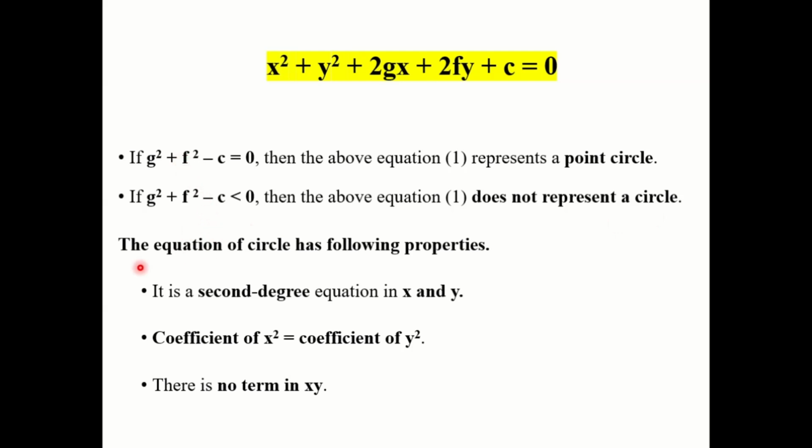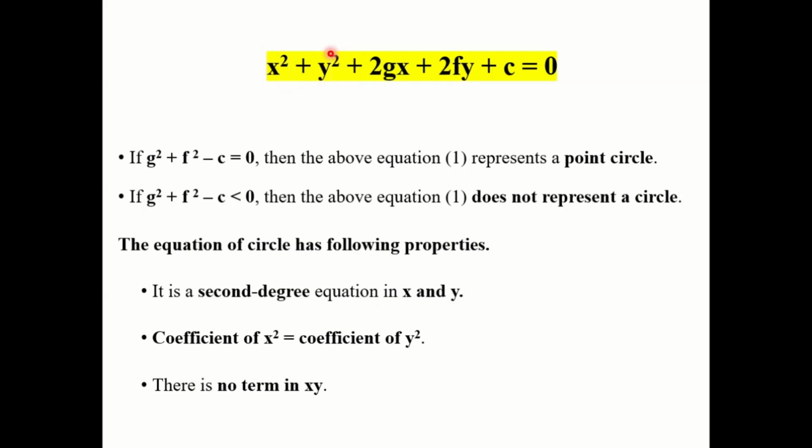Then the equation of circle has some properties. By critically observing this equation, see, this is second degree, meaning the highest power is 2. That's why it is a second degree equation in x and y. And the coefficient of x square is equal to the coefficient of y square.